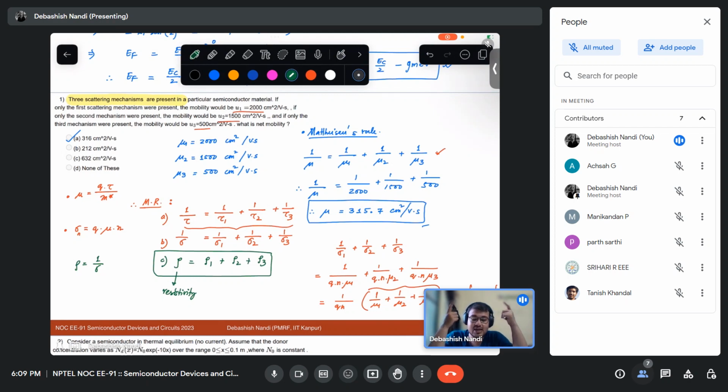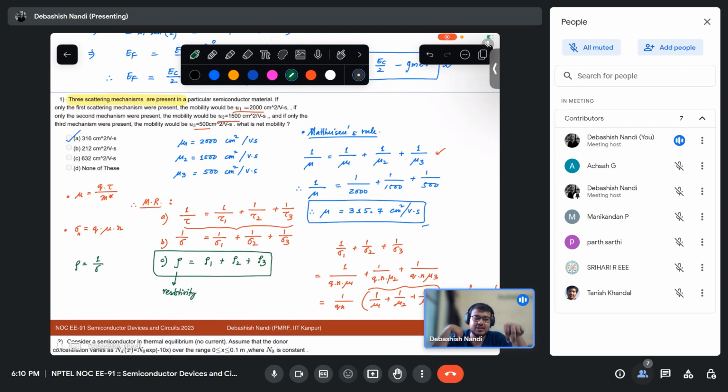The logic is that resistance in a material comes from the random thermal motion of the electrons, and that random thermal motion is due to the various scattering mechanisms. So if you know the various scattering mechanisms, either your mobility or your resistivity individually, you can calculate the net resistivity.